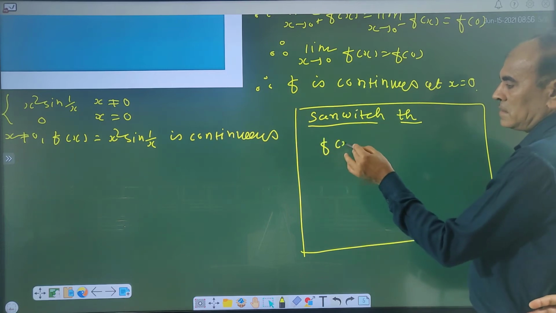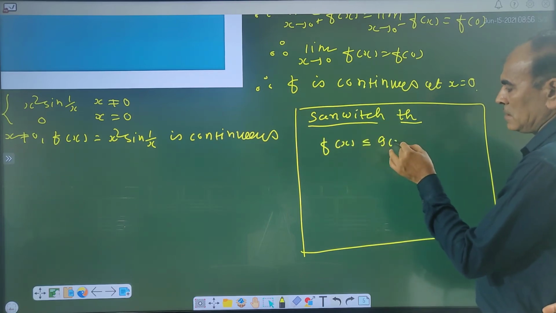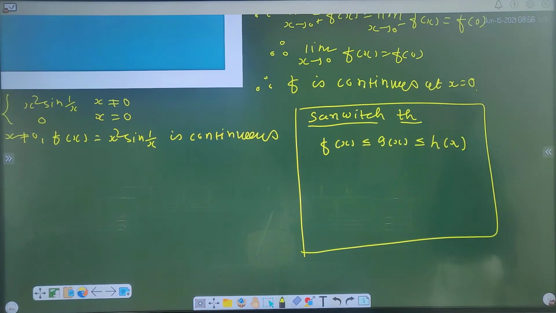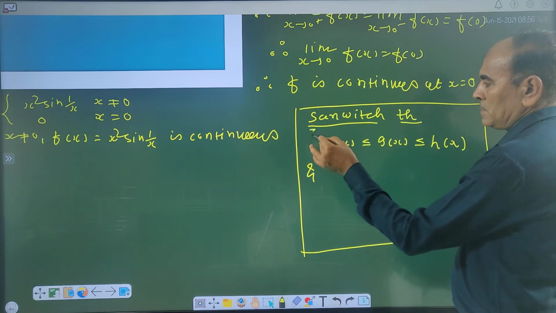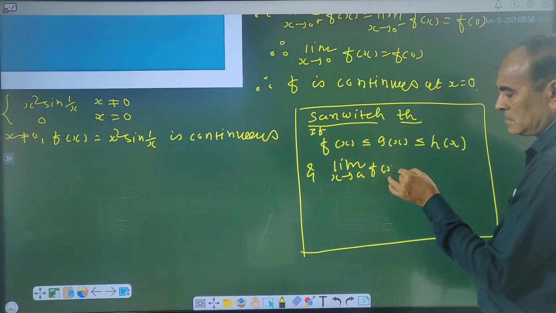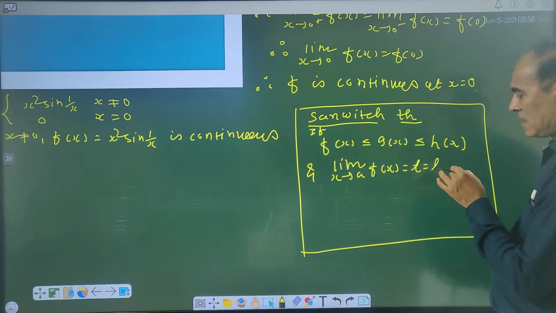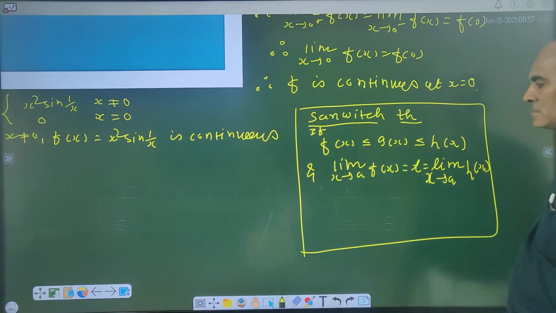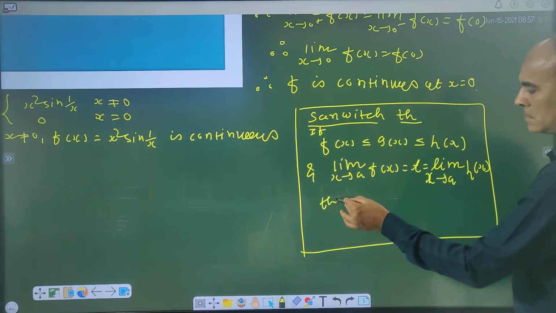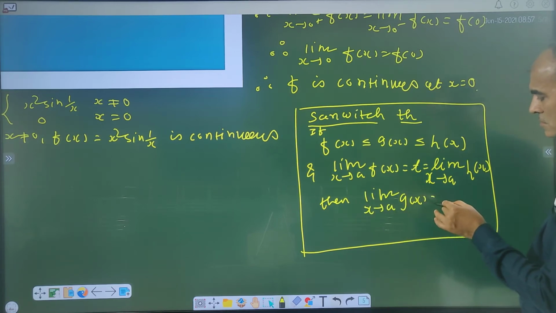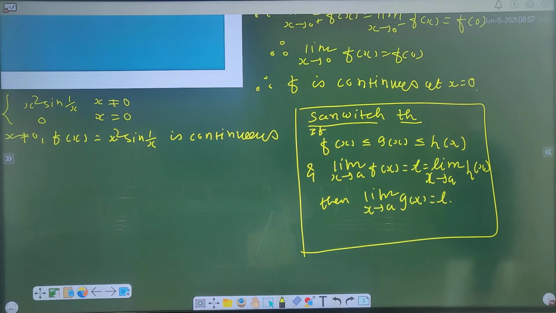This says that whenever there is a relation between three functions like this one, for all points in the domain, and if the first and last function have the same limit, say L, then the limit of the middle one is also L. So this is the sandwich theorem.